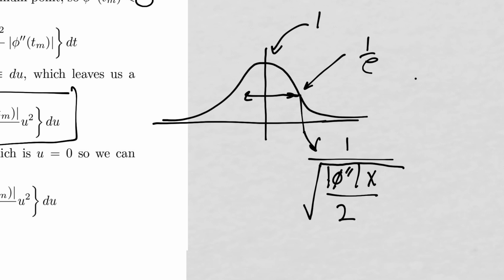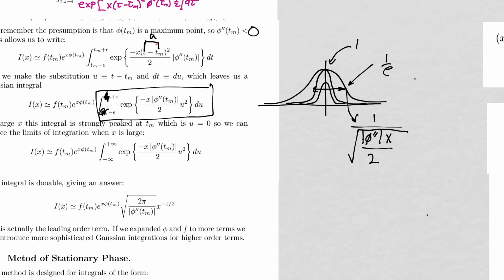So the point is that the bigger x is, the narrower this Gaussian becomes, right? I can make this Gaussian as narrow as I want, and it gets narrower and narrower the bigger I make x.